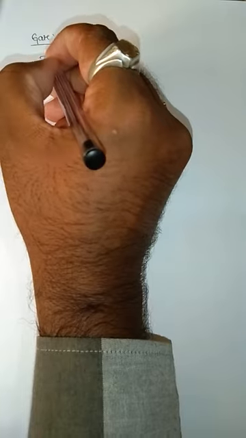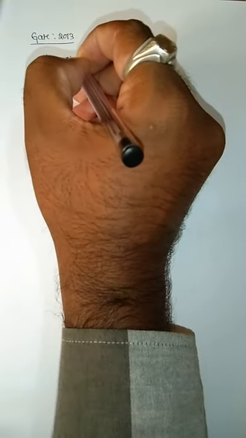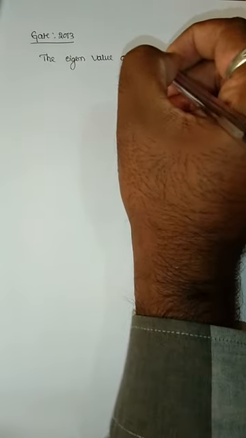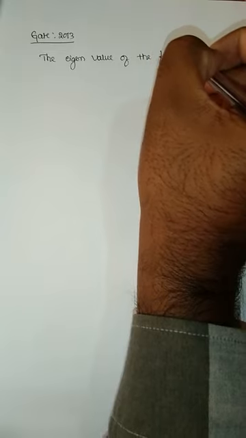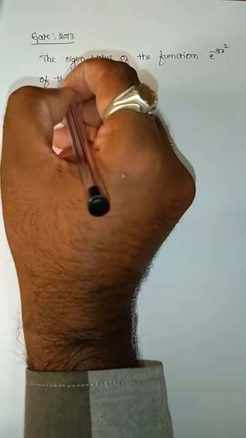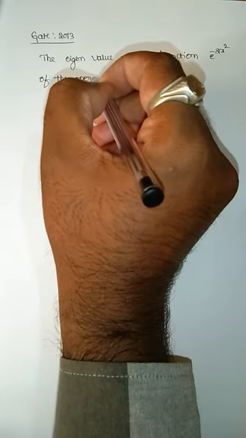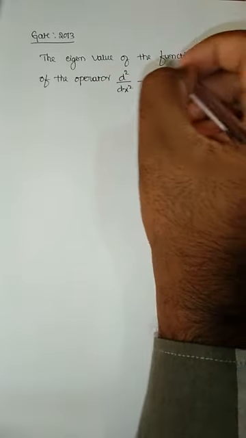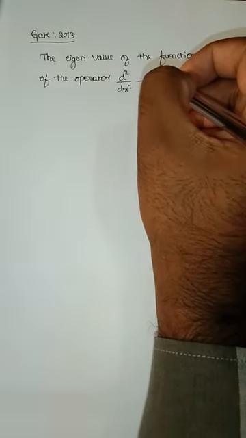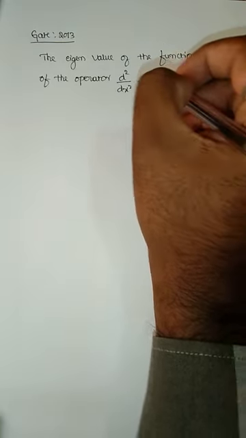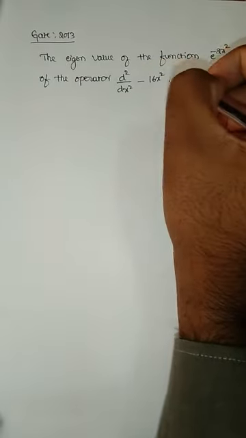And the question is: the eigenvalue of the function e power minus 2x square of the operator, they have given the operator also, that is d square by dx square minus 16x square, is.